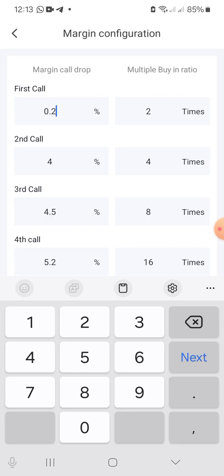We want ROIQ to enter the market very fast. So when the market drops by 0.2, it will inject $10. That is 5 times 2. And when the market drops again by 0.3, it will inject $20. And when the market drops again by 0.4, it will inject $40.